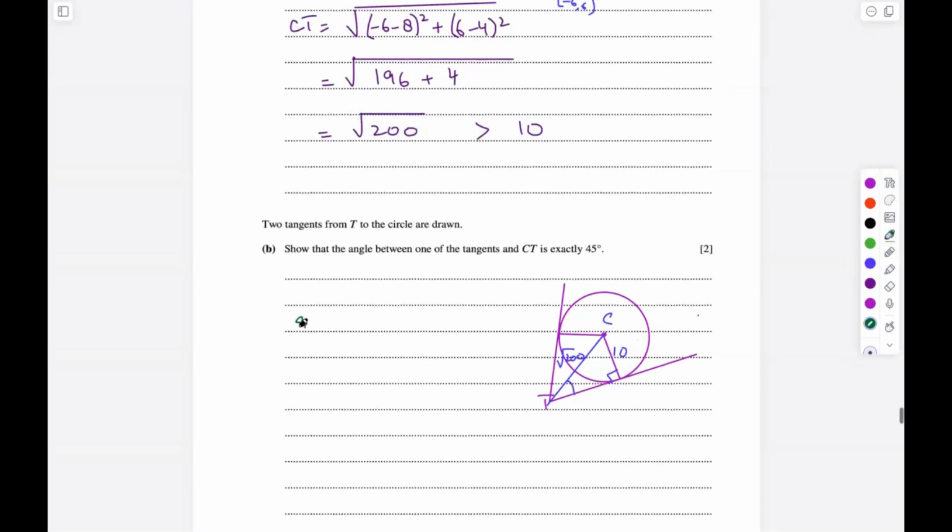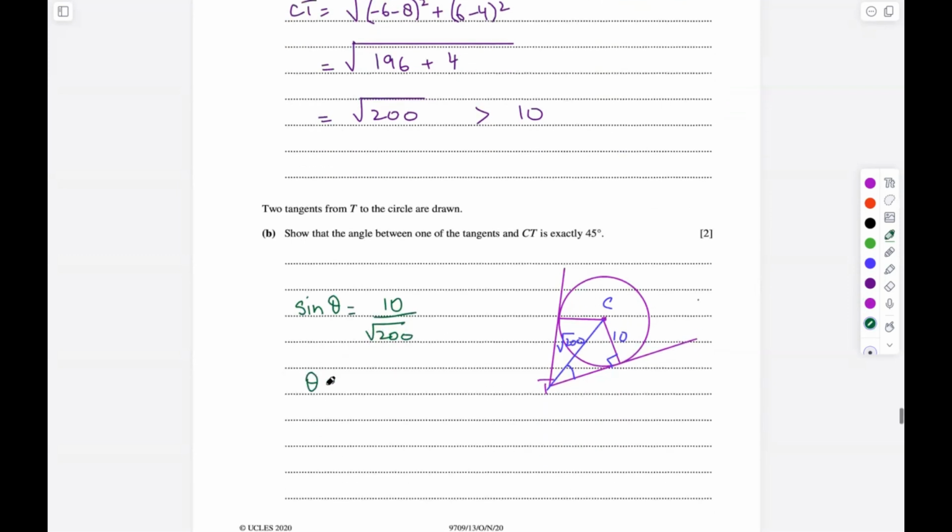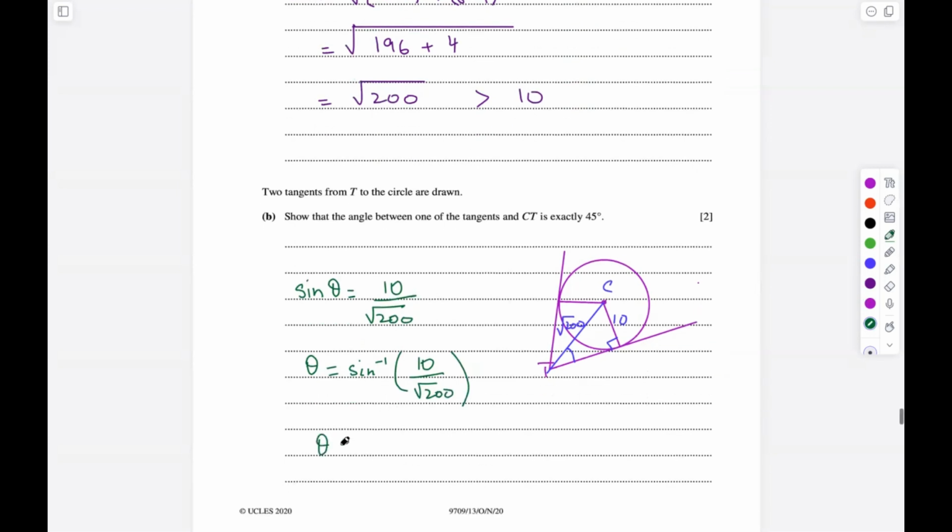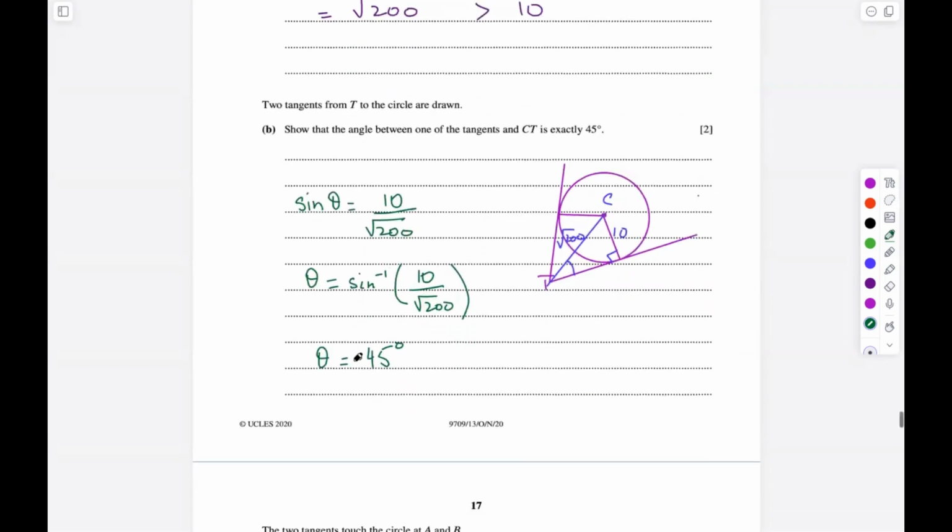So we can use sine: sine theta is equal to 10 divided by square root of 200, as the square root of 200 is the hypotenuse. So theta will be equal to sine inverse of 10 upon square root of 200. Substituting this in the calculator, theta is equal to 45 degrees.